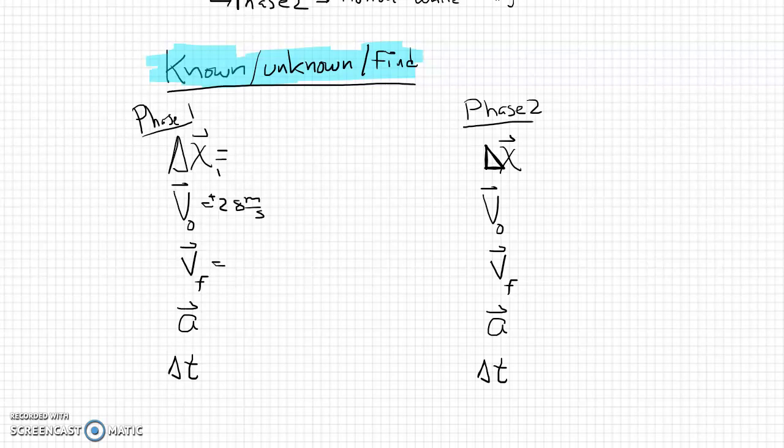Our final velocity in phase 1 is also positive 28 meters per second. The acceleration for phase 1 is 0 because it's not changing its velocity, and the time at this point is unknown.